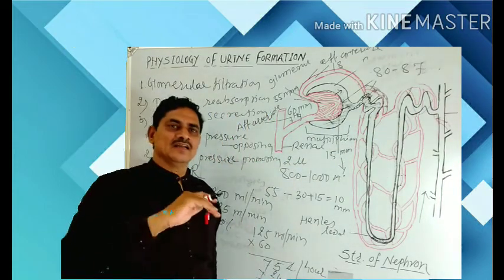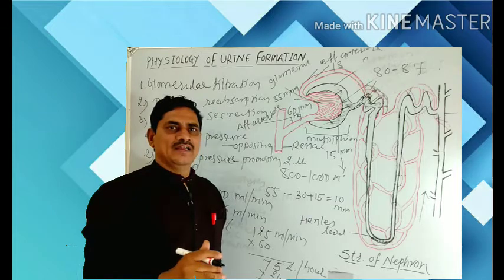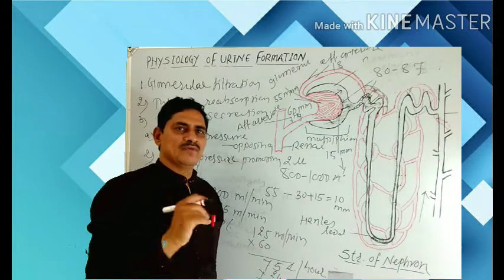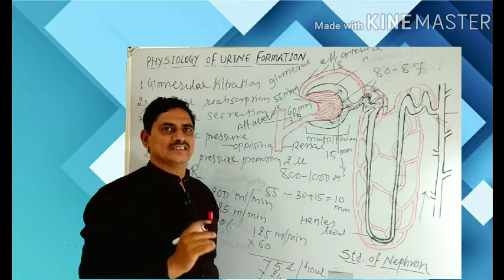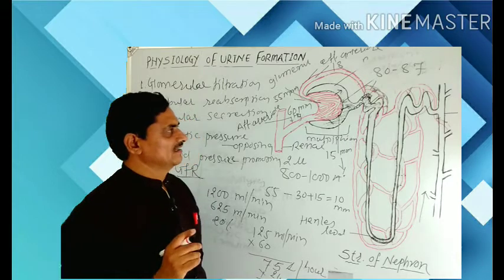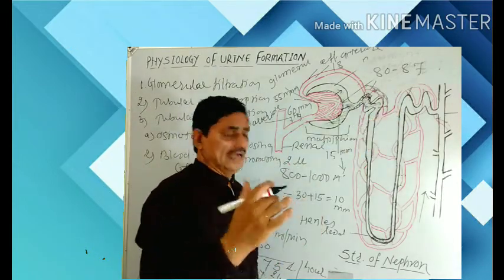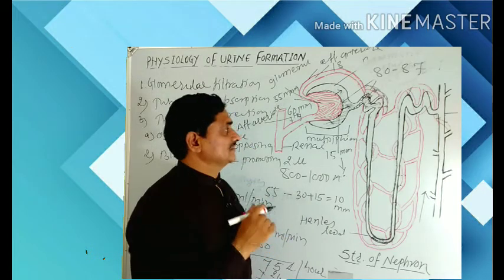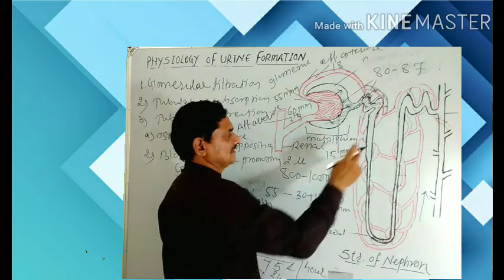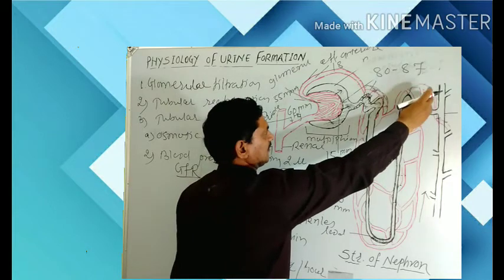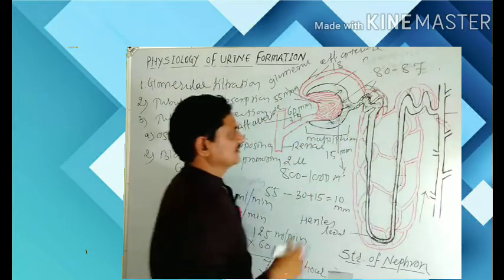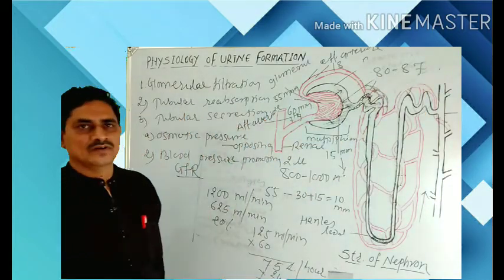This distal convoluted tubule is influenced by a hormone secreted by the adrenal gland, called the aldosterone hormone, and this aldosterone hormone is responsible for the permeability of the distal convoluted tubule.